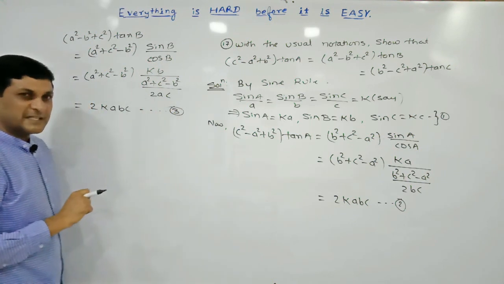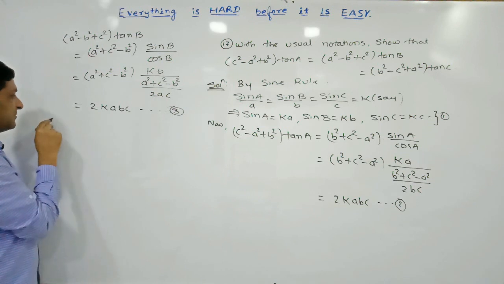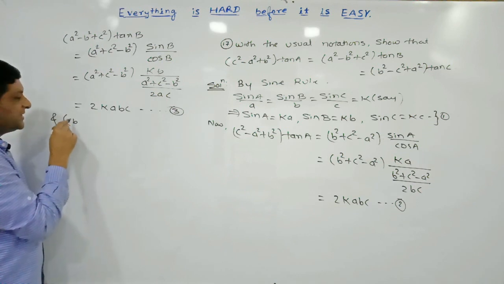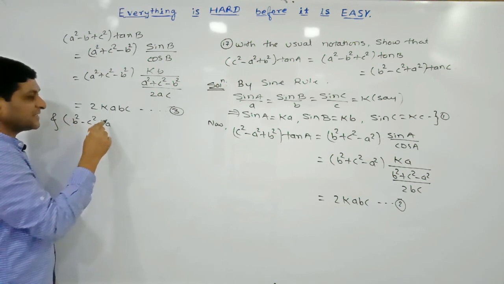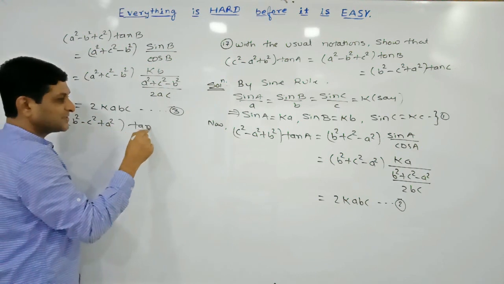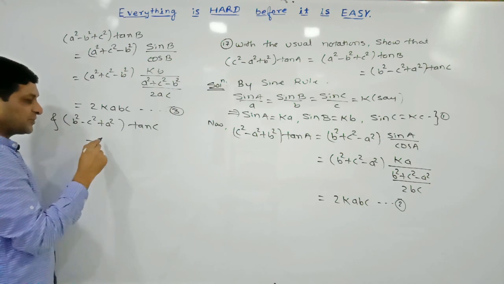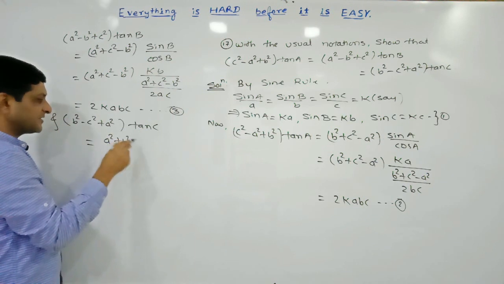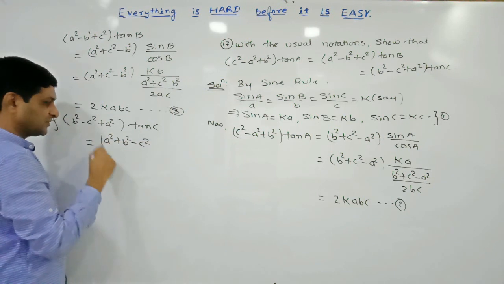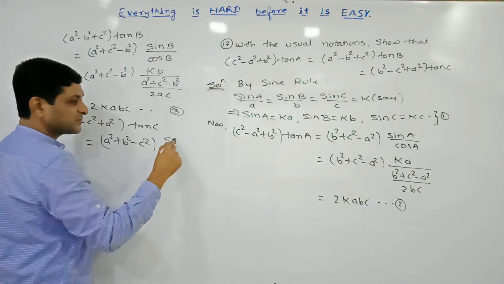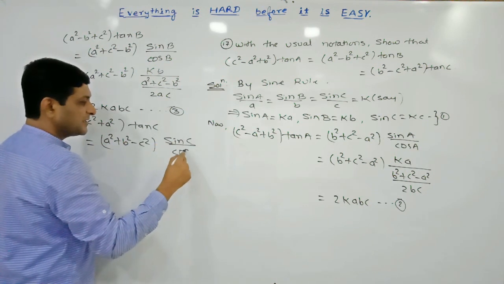Now using the same method, try to find the value of the third term, (b square minus c square plus a square) into tan c is equal to, now here first collect the positive terms a square plus b square, then write down the negative term minus c square, and tan c can be written as what? Sin c upon cos c.